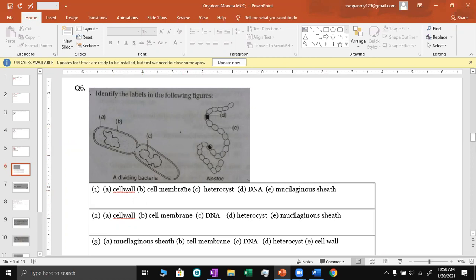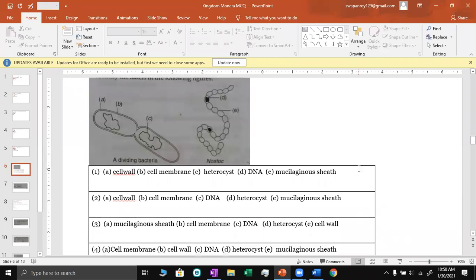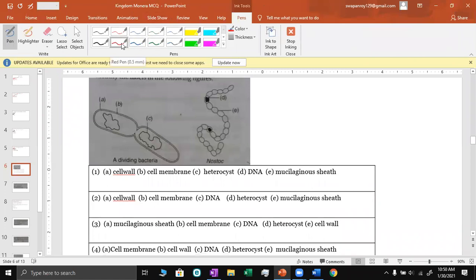Which one will be the correct answer? Look carefully. A is only the outer line. B is the inner line of the bacterium. C is this wavy ring, and D is this dark colored cell, and E is on the surface of this filament.